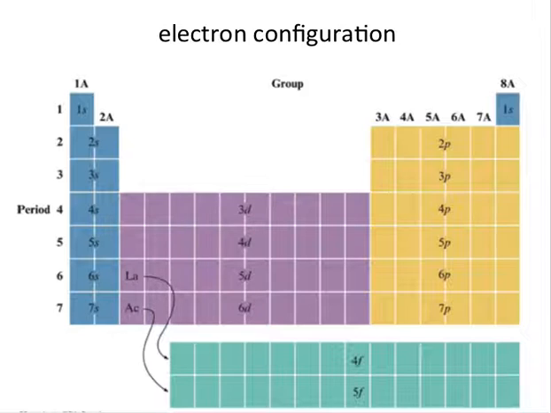So electron configuration. Unless I tell you otherwise, you can use the noble gas configuration, where you go from the noble gas on the level prior to the element we're looking at and then continue from there.